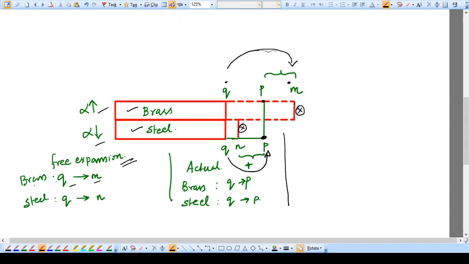Now we have to calculate the actual expansion of steel, that is from Q to P, how much it expands.